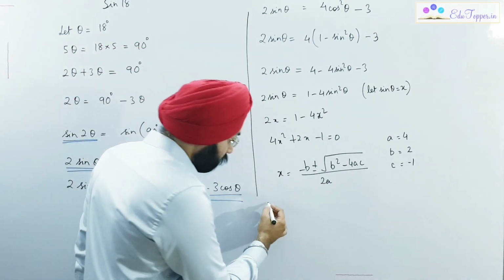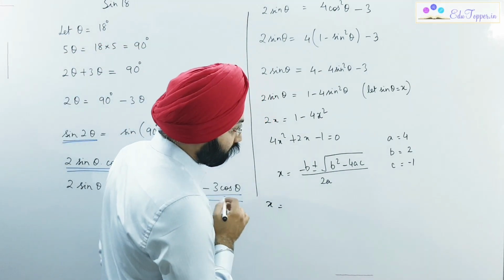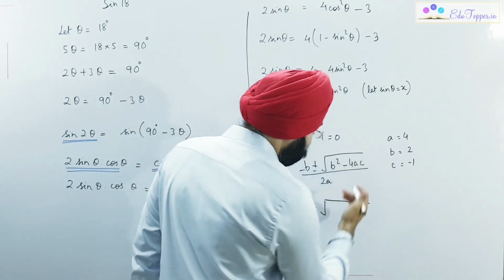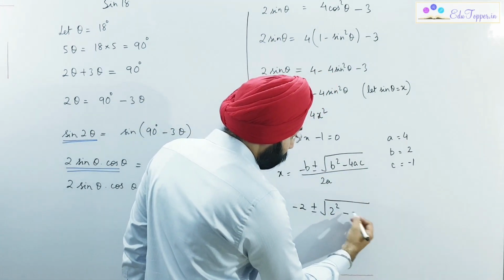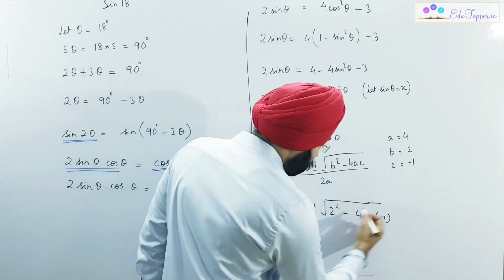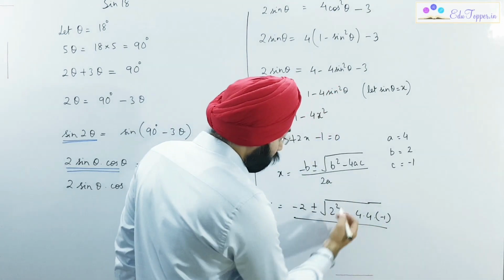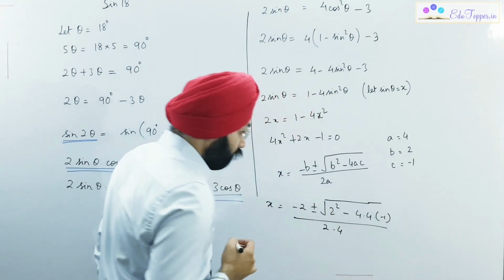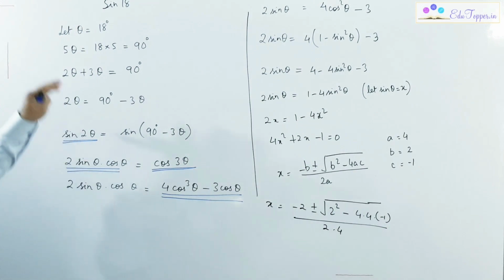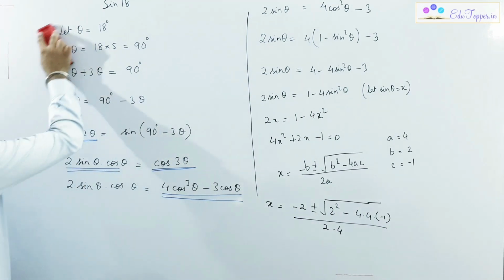So what we do is we'll solve for the value of x. Minus b will be minus 2 plus or minus, b square will be 2 square minus 4 into negative 1, by 2a, that is 2 into 4.